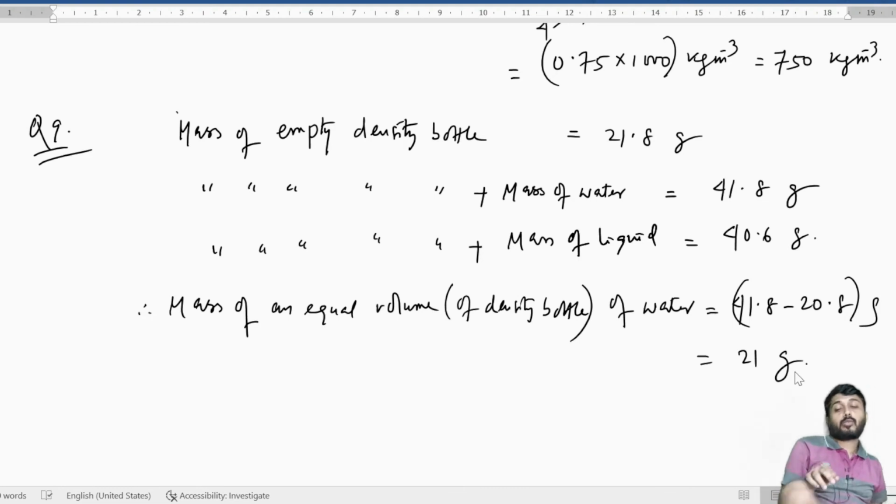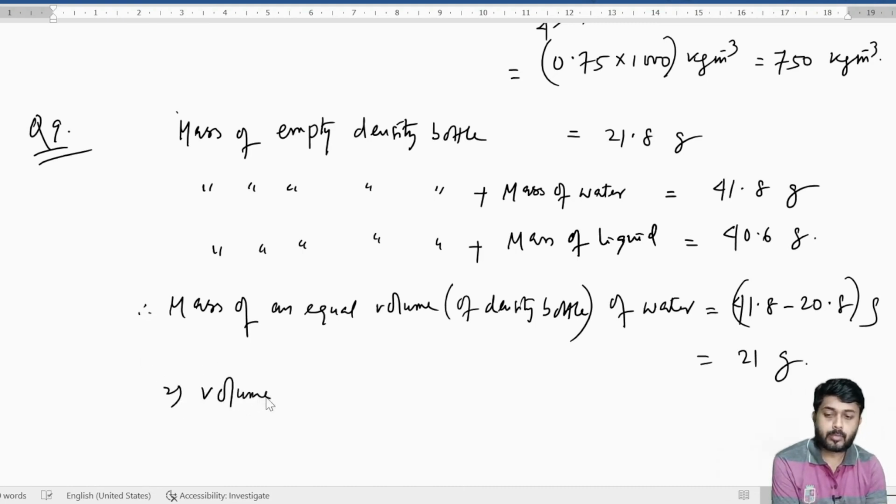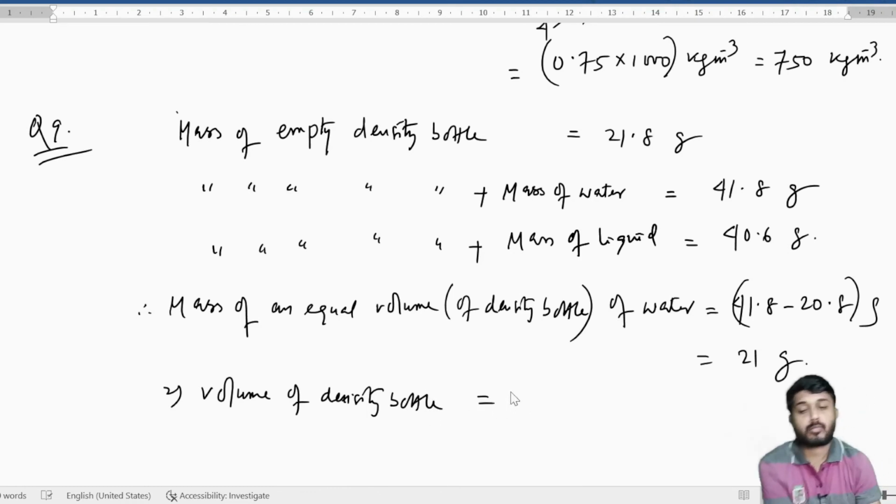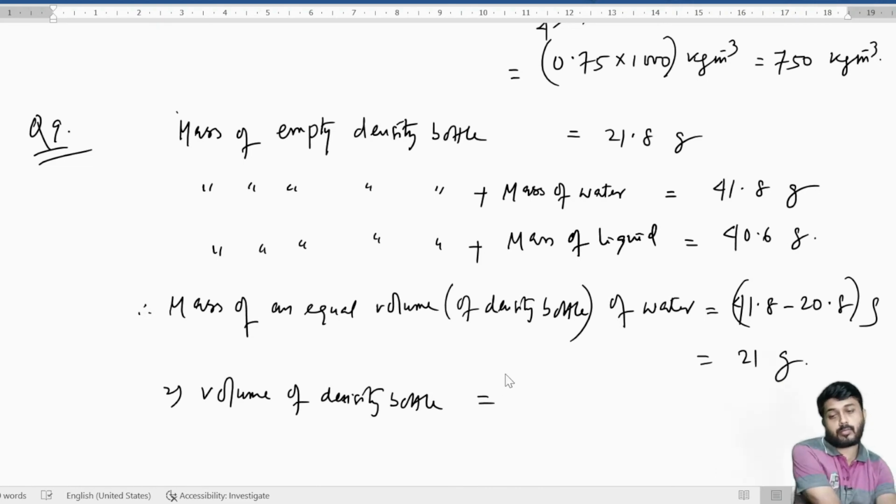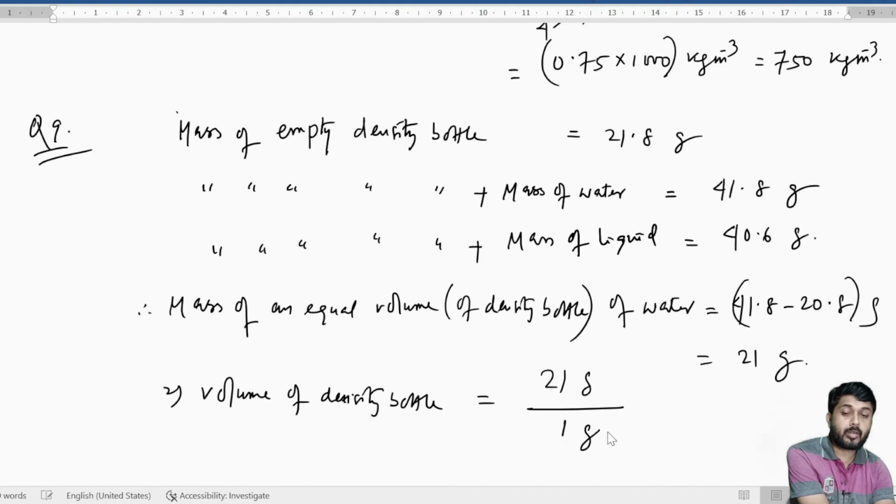So what should be the volume? Volume is equal to mass by density. Volume of density bottle is equal to mass of water by density of water, 1 gram per centimeter cube, isn't it?